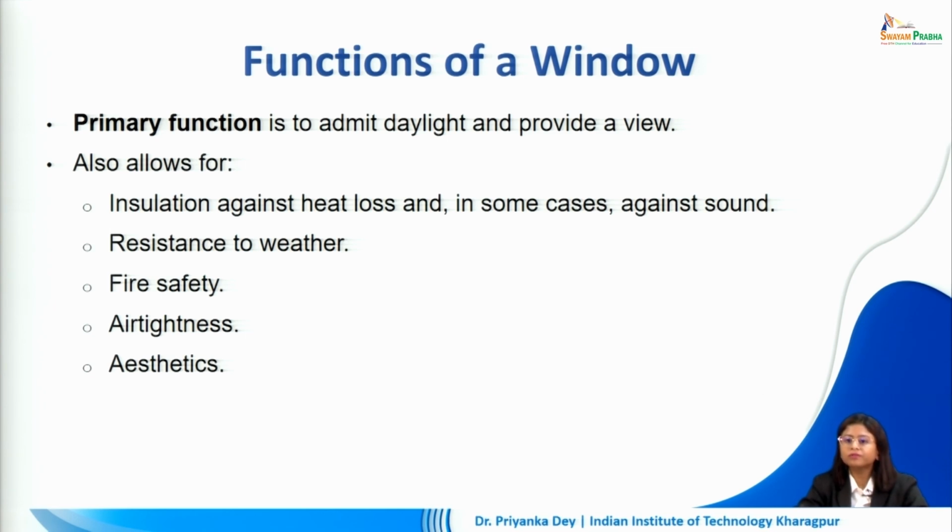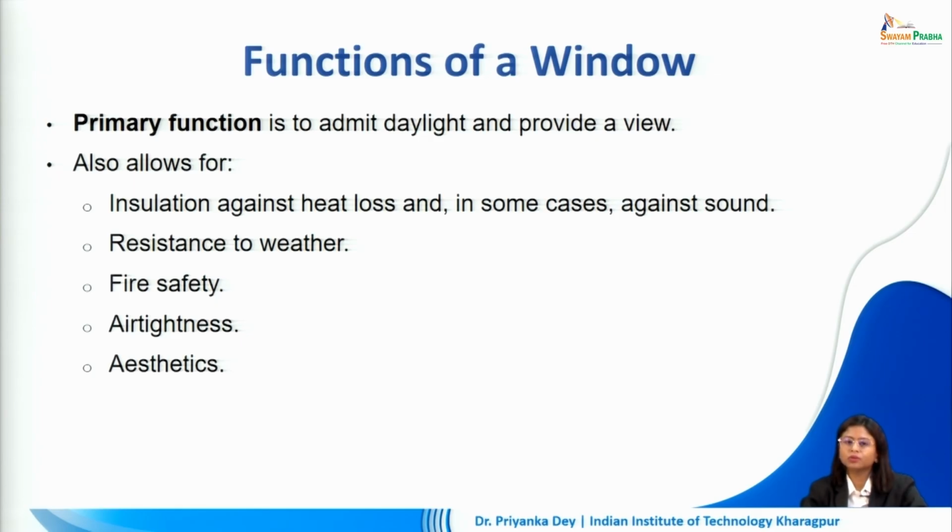So it's very important for us to select materials for windows and design the windows accordingly to ensure that is maintained. The windows also have to protect the internal spaces from weather elements. So rain, wind or other elements have to be stopped at the window while ensuring that we have daylight and the right amount of ventilation within our spaces.